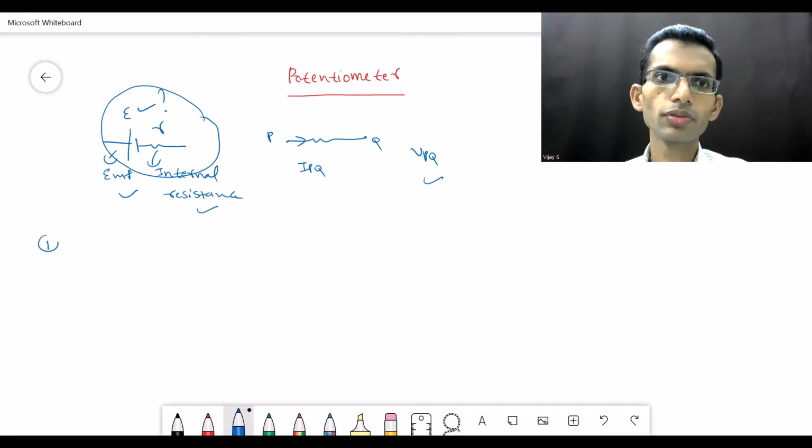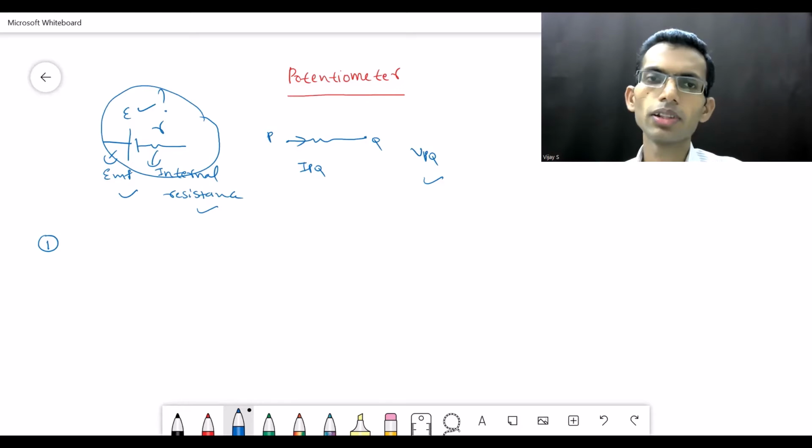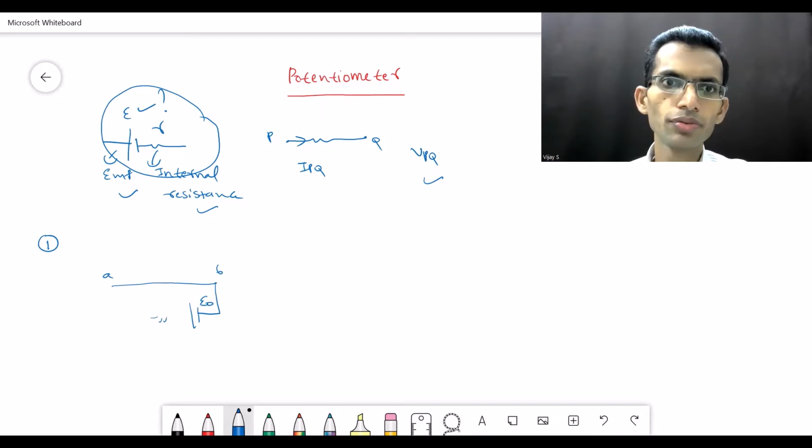The potentiometer circuit, which is used to measure EMF of the cell, can be represented in a simplified form like this. So it consists of long wire AB of uniform cross section in series with battery E0 and rheostat R0, which is kept at suitable position so that a constant current I0 flows through the main circuit.